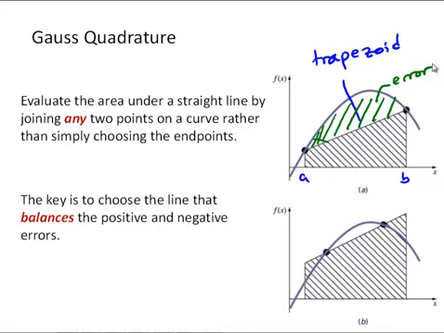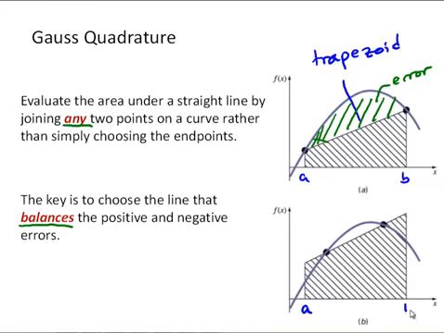Well, the basic idea of Gauss quadrature is to evaluate the area by joining any 2 points on a curve rather than simply choosing the endpoints, and then to strategically choose the line that we use so that the positive and negative errors are balanced. This second graphic indicates what I'm talking about.